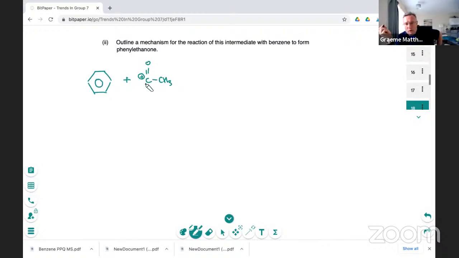This is a Friedel-Crafts acylation, which is what it is: acylation and acylium. Is it two L's? It is, today, acylium ion. They tend to sound similar.